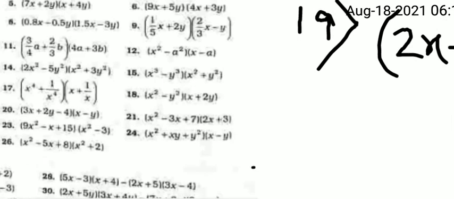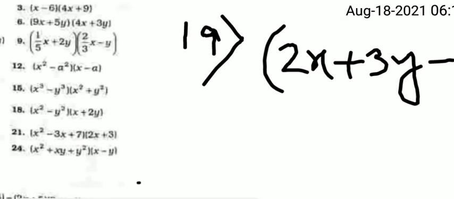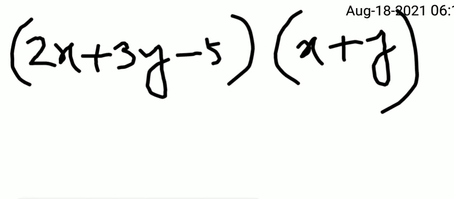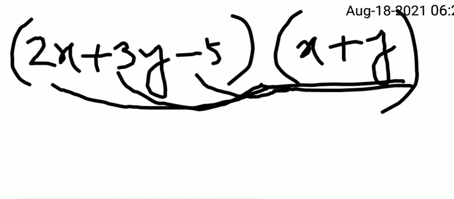Okay, this one is 19. 2x plus 3y minus 5 multiplied with x plus y. So first you have to copy the question, then give an equal sign. First multiply 2x with the total terms x plus y, then plus 3y multiplied with the total terms x plus y, and then minus 5 multiplied with the total terms x plus y.